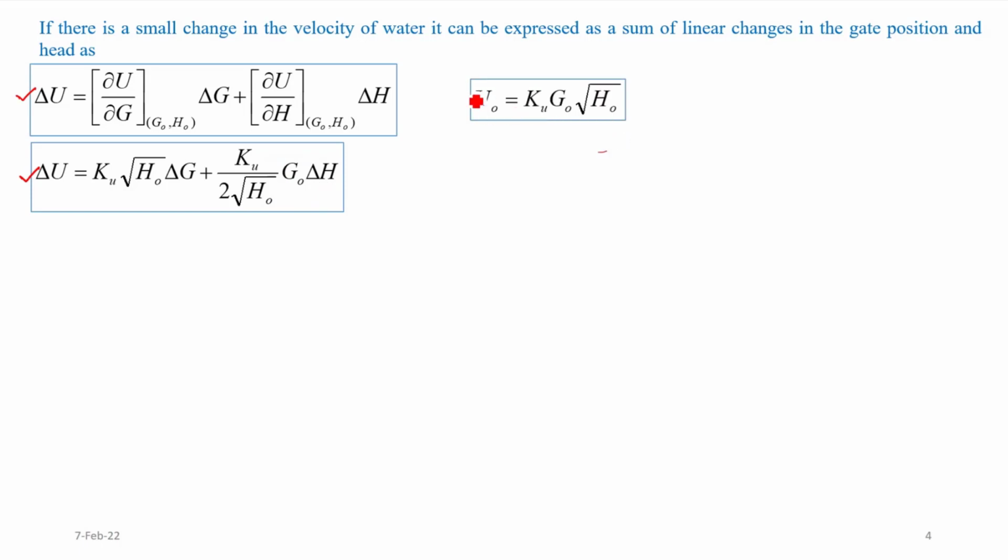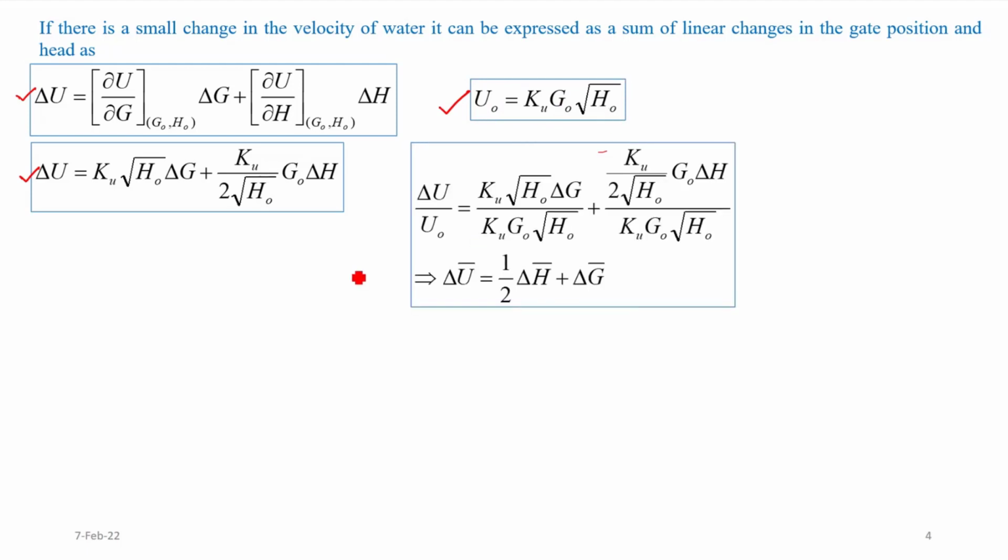So we know that U naught, that is the water flow, is equal to Ku G naught square root H naught. And now, if I normalize this equation by dividing by U naught on both sides, delta U by U naught, and the other part I can divide by the expression of U naught.